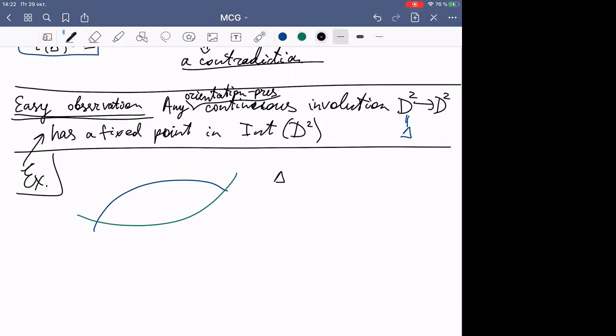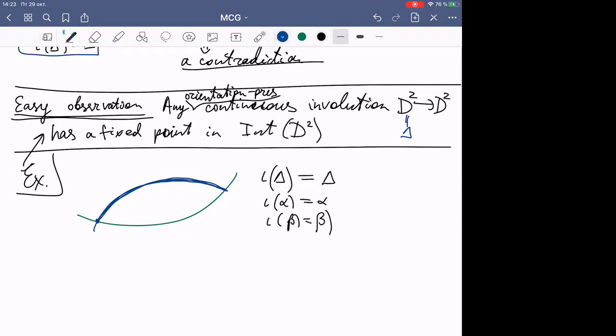If we know that this disk goes to itself, at the same time we know that hence this arc also goes to itself, since it is the boundary. We know that iota of delta equals delta, iota of alpha equals alpha, and iota of beta equals beta.